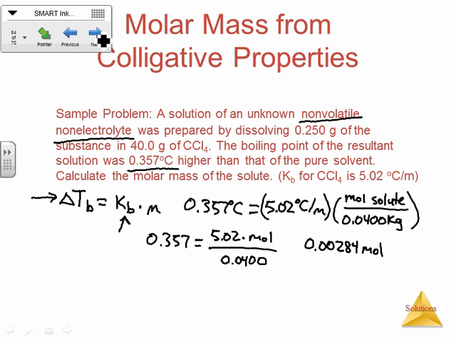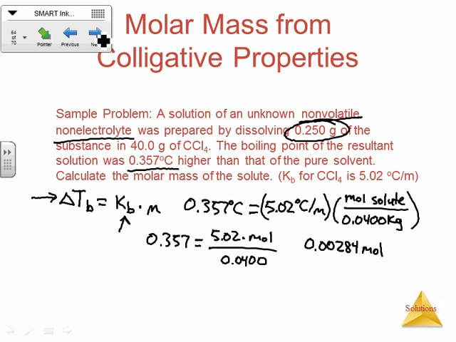Okay. Now, the other thing that we know here is we know how many grams of the solute that we have. 0.250 grams. So what's molar mass? What's the formula for molar mass, or the units for molar mass? Yeah, it's mass over moles, right? Grams per mole. So if we know the grams of the solute, and we just figured out how many moles of the solute we have, just take grams divided by moles, that'll give us the molar mass.